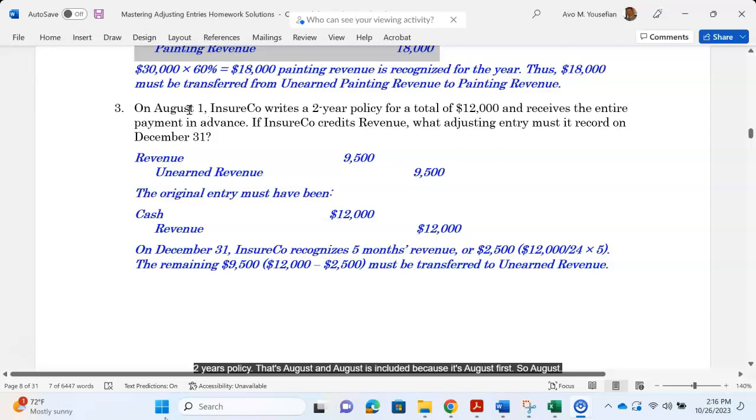So revenue, 2-year policy, that's August, and August is included because it's August 1st. So August, September, October, November, December. That's 5 months. So let's do the math a little bit. $12,000 divided by 24 months of policy.